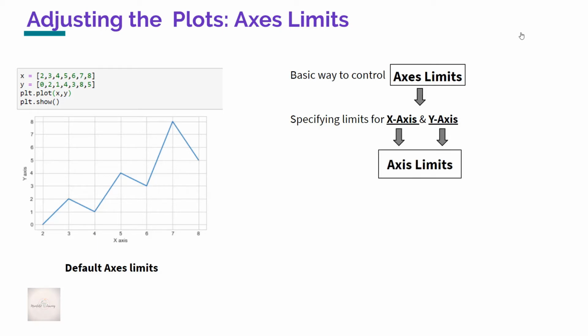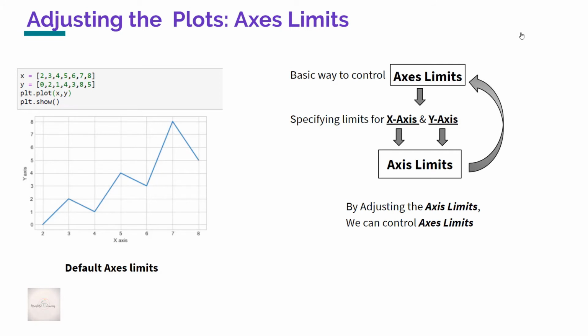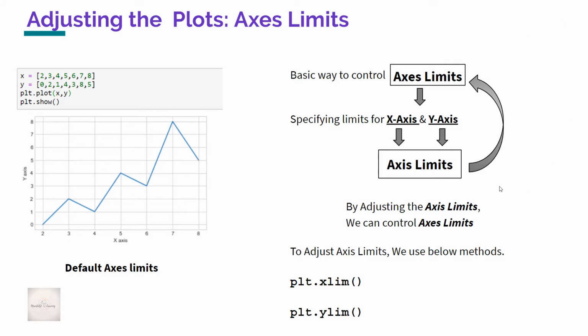To adjust the axis limits, we use two methods. One is plt.xlim and the other is plt.ylim. So guys, now let's take up an example and see how we set these axis limits.